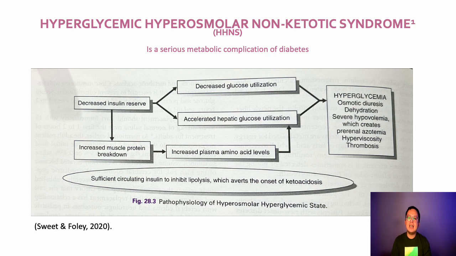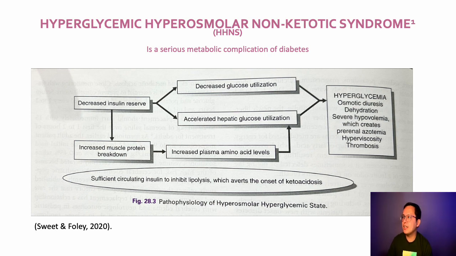DKA is caused by type 1 diabetes, but it can occur in type 2 in some situations. But this HHNS occurs in type 2 diabetes.